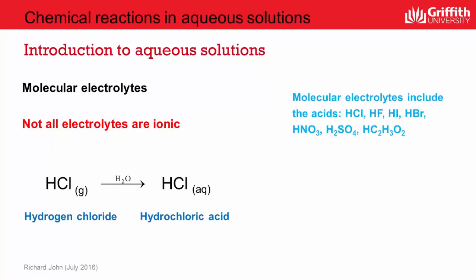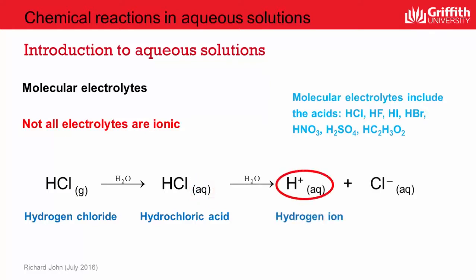If it's bubbled through a water solution, that hydrogen chloride gas will dissolve in water to form HCl(aq), which means that we've got this compound hydrogen chloride now dissolved in water. What actually happens when it dissolves, however, is the water molecule is able to break apart the hydrogen chloride molecule into freely mobile hydrogen ions, H+ ions, and freely mobile chloride ions, Cl- ions.